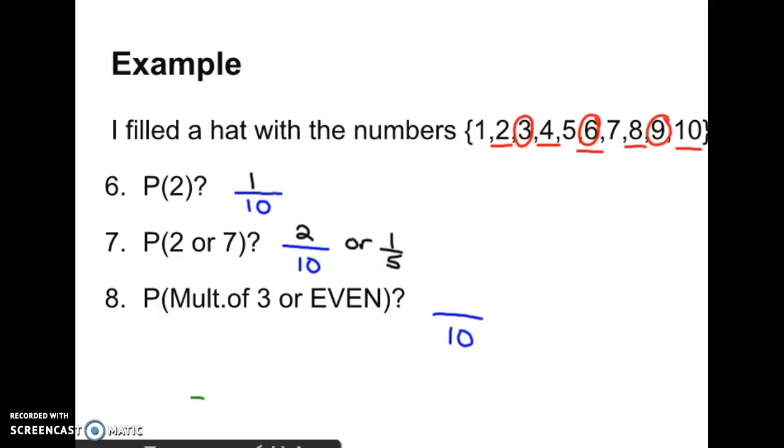So numbers that fall into that category are a 2, a 3, a 4, a 6, an 8, a 9, or a 10. I can only count each of them once, but they're either an even number or a multiple of 3. So that's 1, 2, 3, 4, 5, 6, 7 out of the 10 numbers that fall into the category of being a multiple of 3 or even. But again, that 6 overlaps. You can only count it one time.